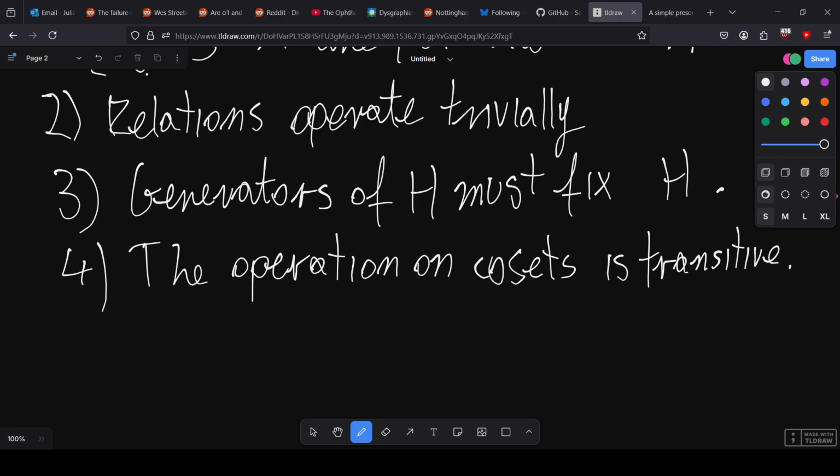So we can go from one element to the other in any way. Well, sorry, I'm misremembering things.